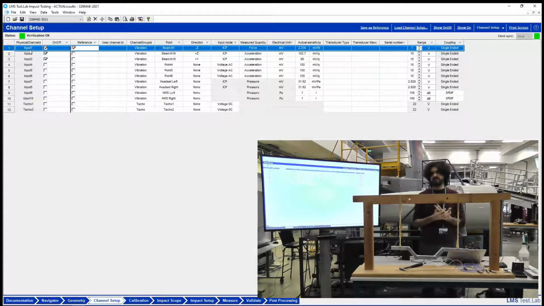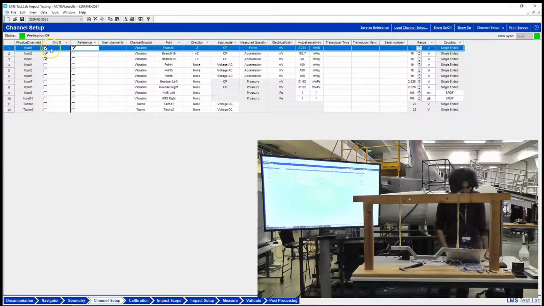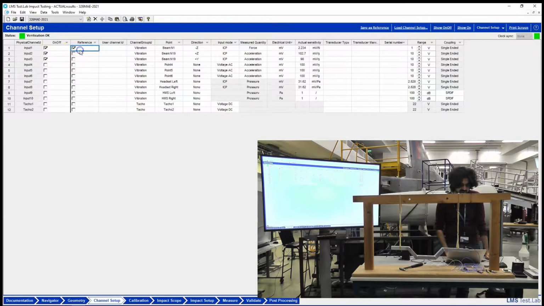In this case, we only need 3 really. I have turned on just the first 3 channels, and I said that channel 1 is my force channel, whereas channels 2 and 3 are my 2 acceleration channels.